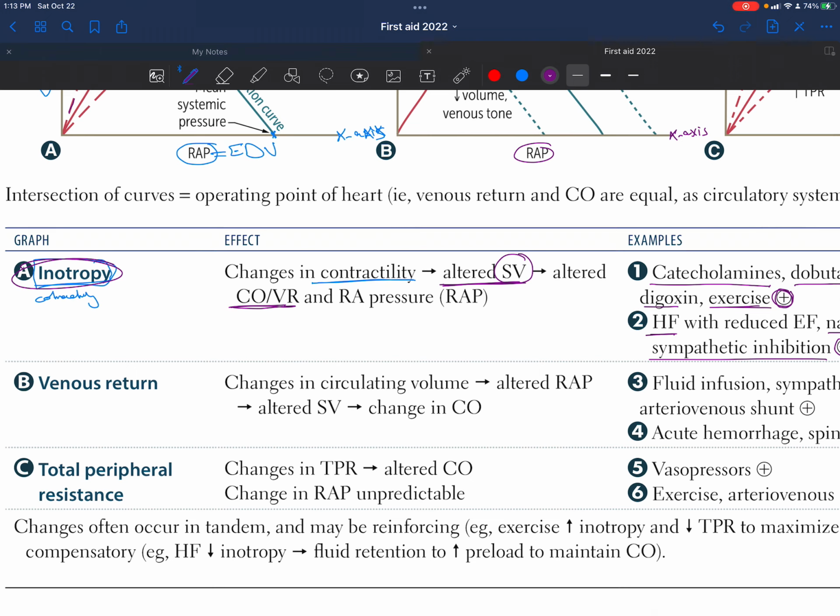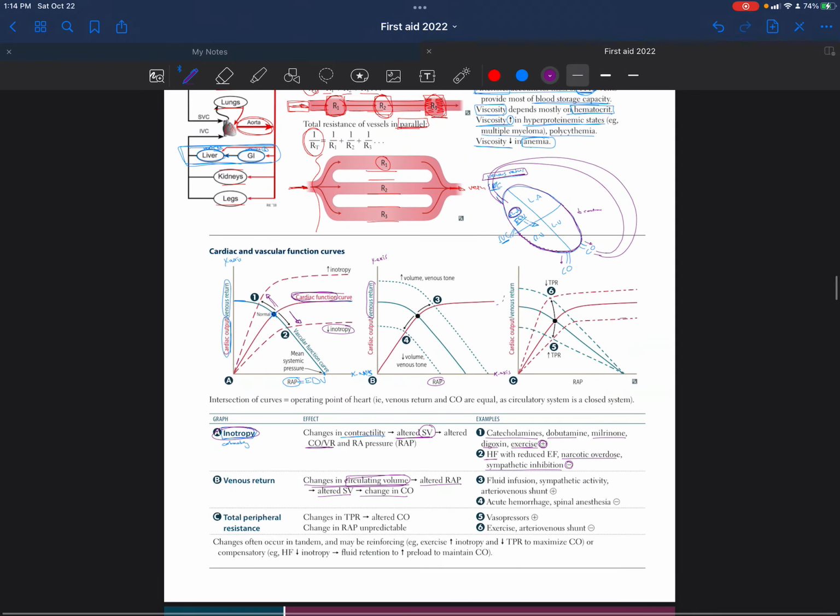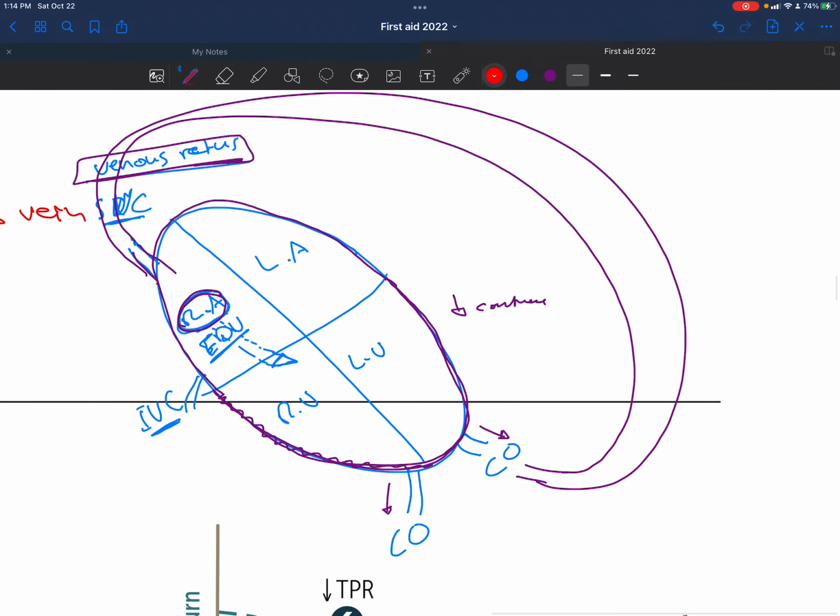For the blue line, we are changing the amount of blood in the vessels, for example changing the circulating volume. Circulating volume means the blood within the vessels, like the aorta, pulmonary artery, superior vena cava, inferior vena cava, and so on. It will definitely change the right atrial pressure and the stroke volume, and lead to changes in cardiac output.